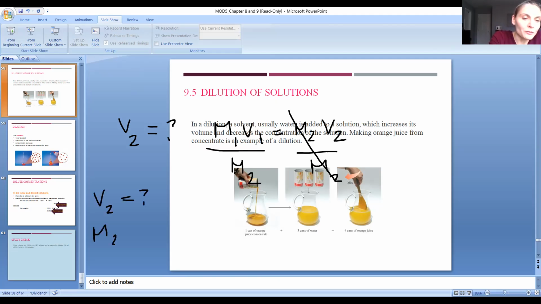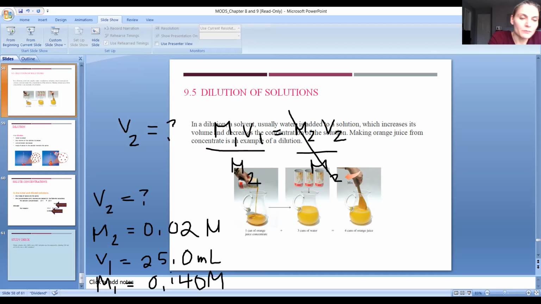Your M2 is 0.02 moles by volume. We have our V1, which is this 25.0 mL. And we have our M1, which is 0.140 M. So now we can plug our numbers in.